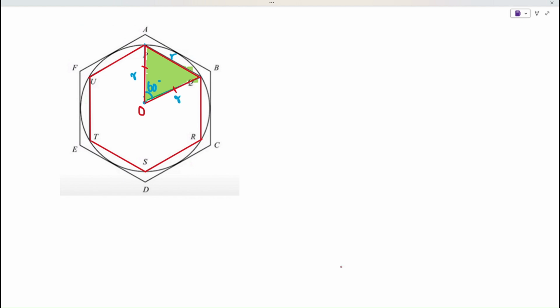So using this, we can find that one of the sides of the hexagon is equal to r, because as we know, all the sides on an equilateral triangle have the same length. And so our radius is equal to the length of one of the sides of our smaller hexagon.